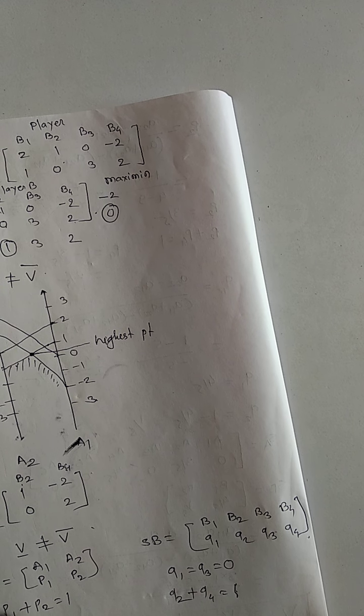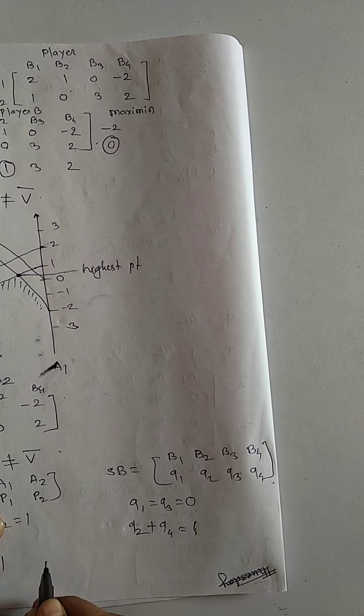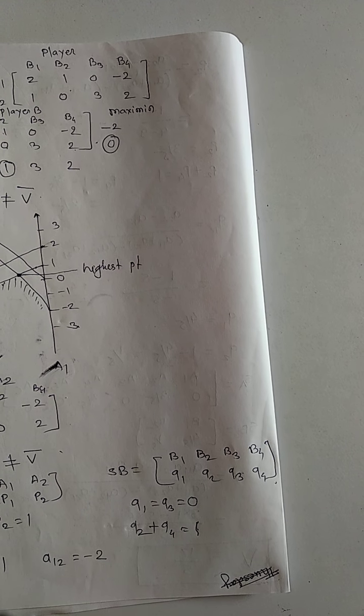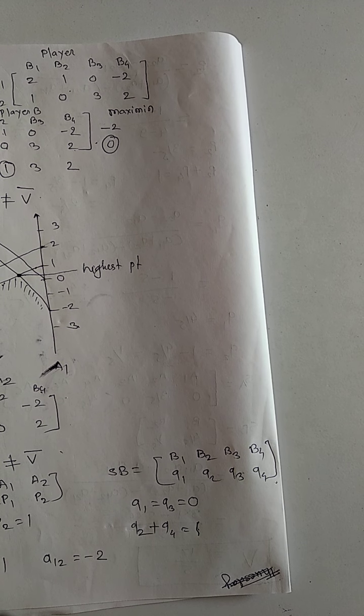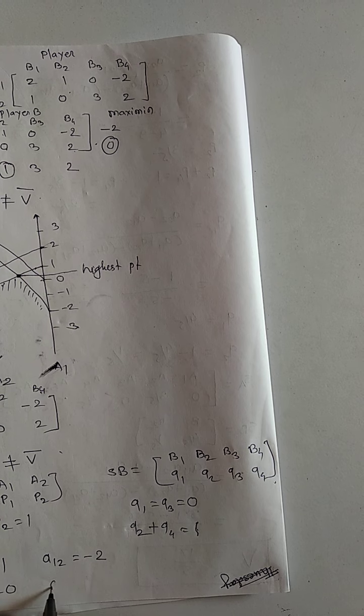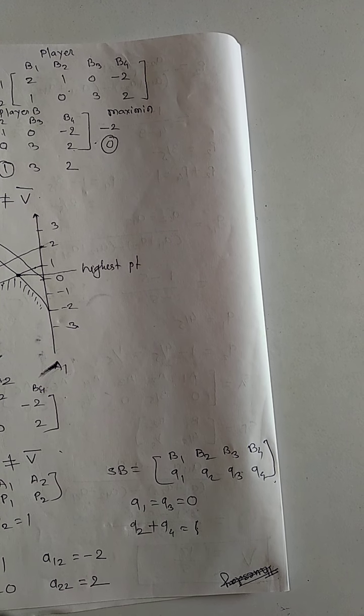Write the given values: A11 is equal to 1, A12 is equal to -2, A21 is equal to 0, and A22 is equal to 2. Then this problem is solved by the mixed strategy method.